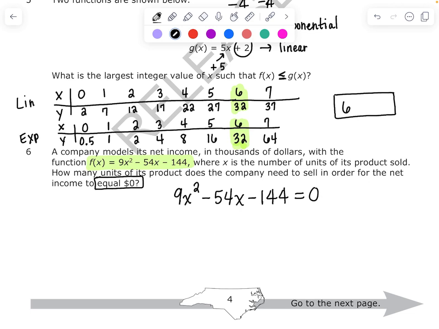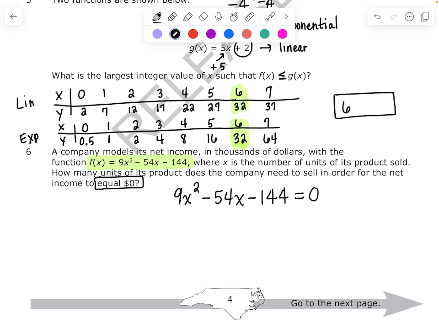Now, anytime I have an a value greater than 1, I'm going to check for a greatest common factor. So I know 9 is divisible by 9. I'm going to also ask myself, is 54 divisible by 9? And the answer is yes. And 144, I'm not really sure, so I'm just going to come over to the side and check this.